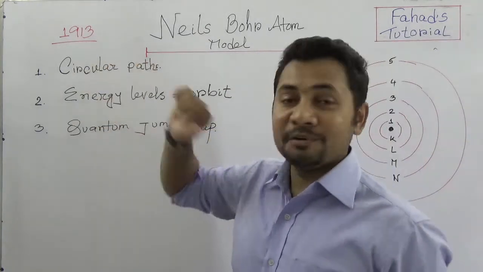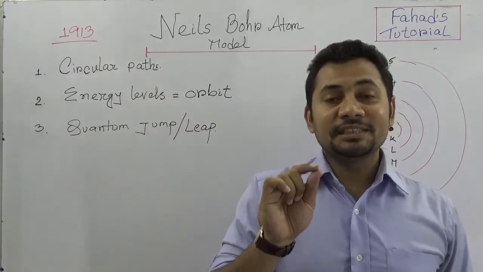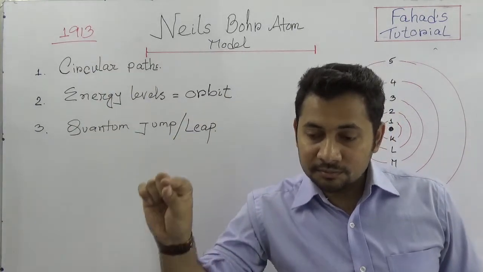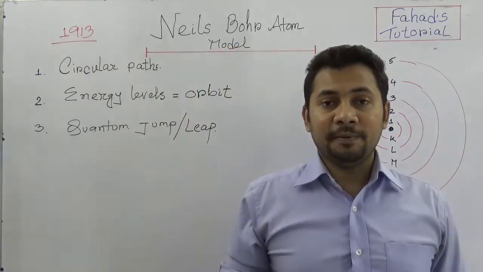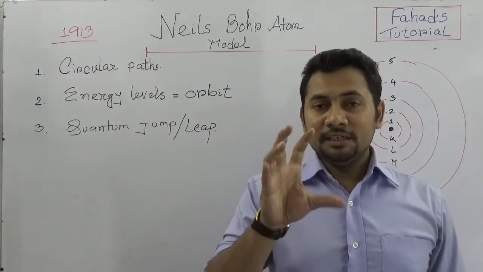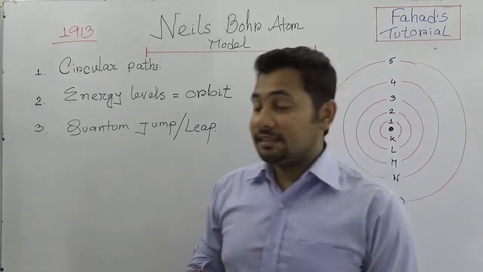At first, number one, Niels Bohr stated that electrons move around the nucleus in a circular path. That circular path is important.